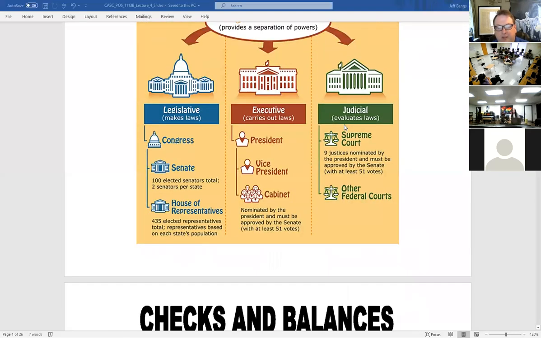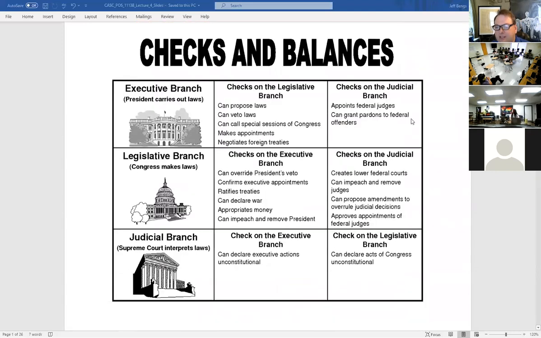What the separation of powers did was it not only helped to balance power so that one person or one group of people does not have the majority of the power, but it was also set up so that the 2 other branches, for example, the legislative and the judicial branch, can keep a check on the executive branch.